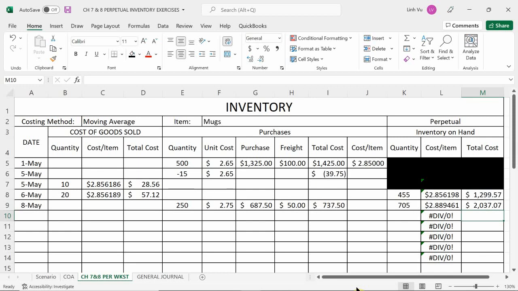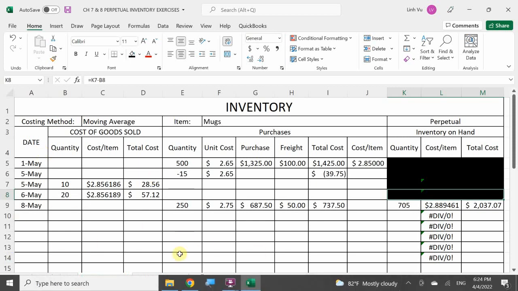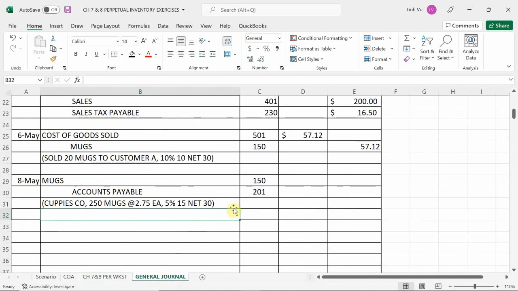In this case, it increased it by 3 whole pennies. And I'm going to block this off because we don't need it anymore, right? We're focusing on the 700 items that I have available to sell. So in this case, my journal is going to use that $737.50.